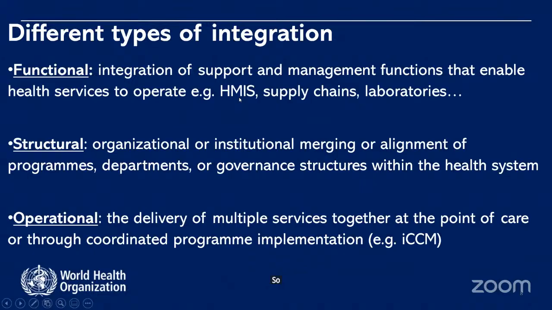So we have a health management information system, which is kind of integrated. It has all the diseases being reported on that. And the supply chain, the laboratories. So when we do integration with these systems, that one is functional. So management functions are what we are integrating.